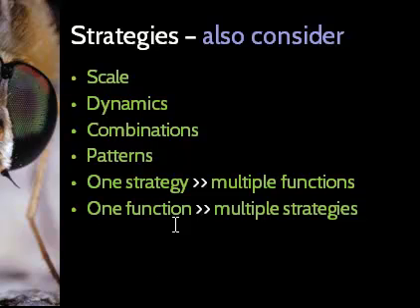Also, one function might be performed by multiple strategies, which is getting back into this combination. So in order to have sight, this little bug here might be combining material and geometry and the structural color. So keep that in mind.